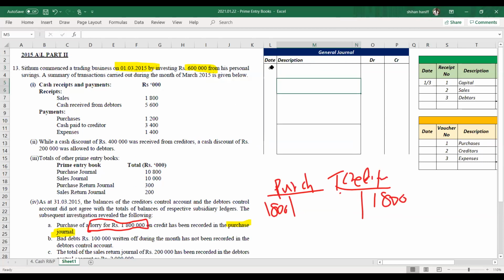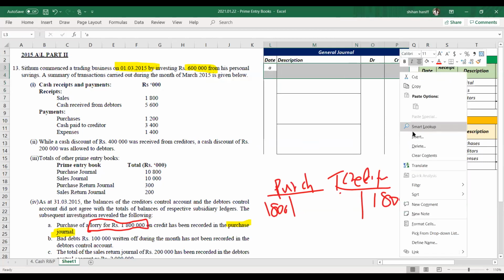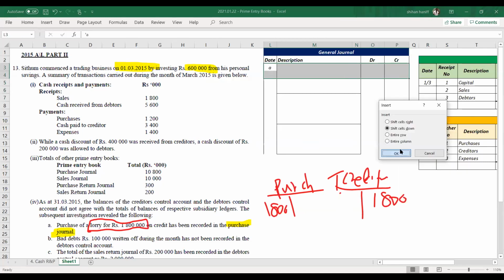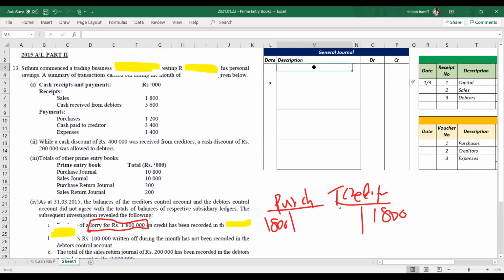So how do you correct it? First we need to remove this from purchases account and trade creditors account.